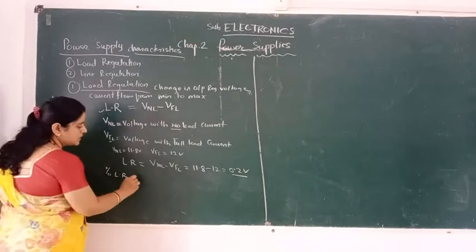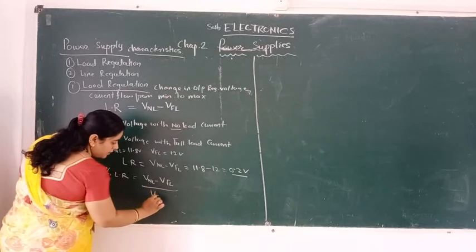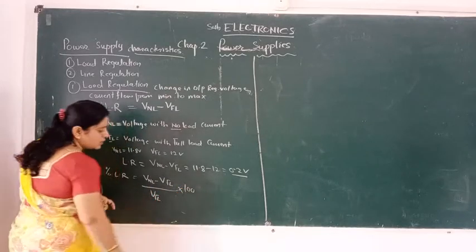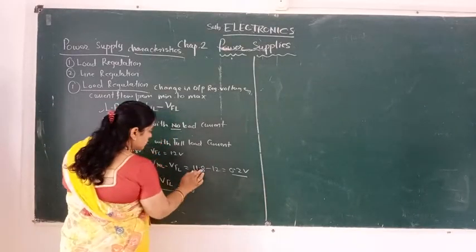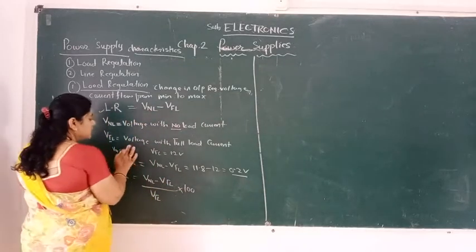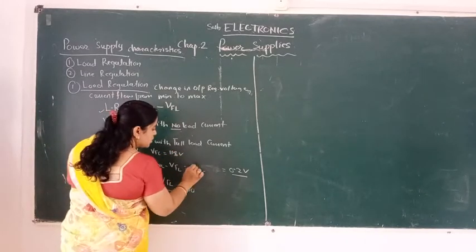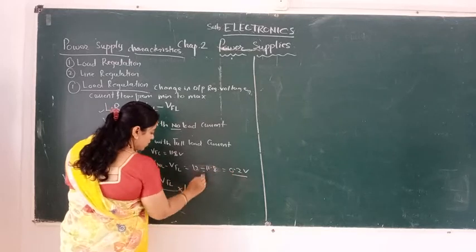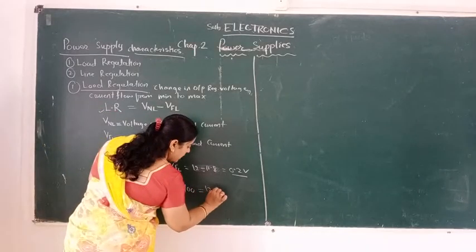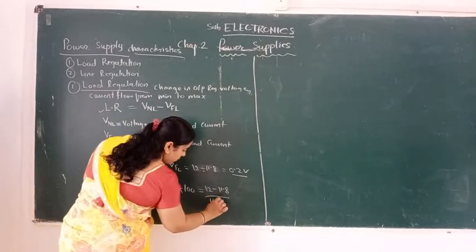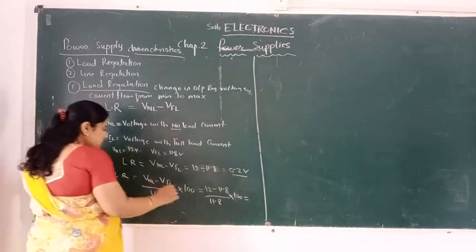Percentage of load regulation is VNL minus VFL divided by VFL into 100. With VNL as 12 and VFL as 11.8, it is 12 minus 11.8 divided by 11.8 into 100.